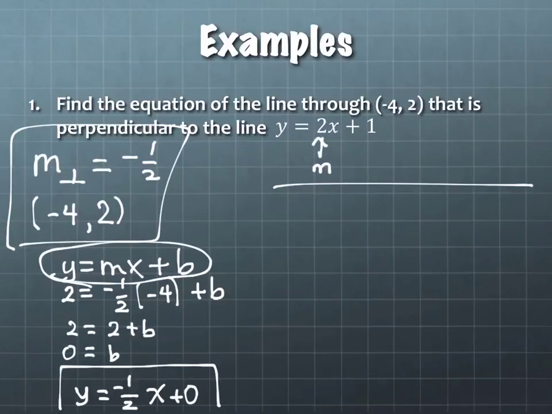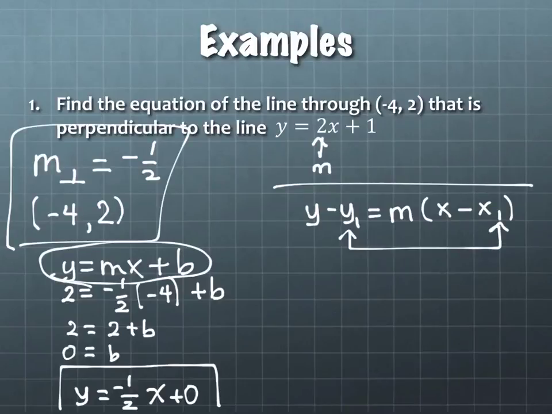So just to give you a heads up of where this is falling curriculum-wise. There is another form of a line that looks like this. Do you guys remember this one? Do you remember what it's called? Point slope. Very good. And the reason it's called point slope is because here's the point, x1, y1, and here's the slope. So this is the point slope form for the line.